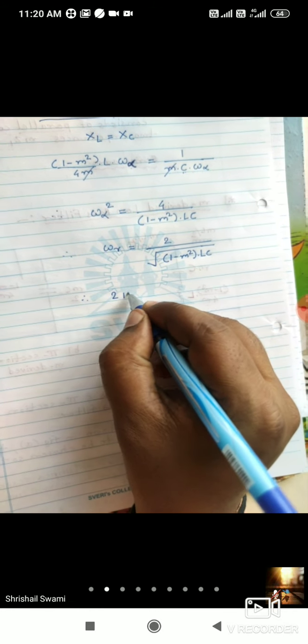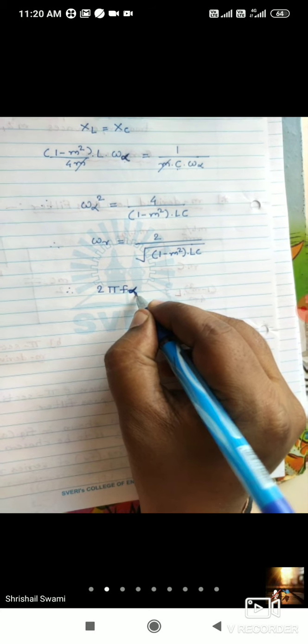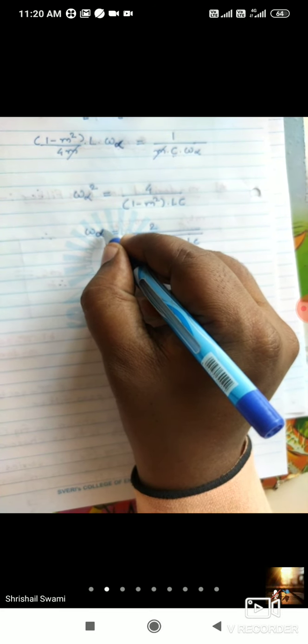Take the square root. Now omega R means what, 2 pi fr. Fr means you can take f alpha. So 2 pi f alpha, that is omega alpha, is equal to 2 divided by under root (1 minus m square) into L into C. So 2 will get cancelled here.